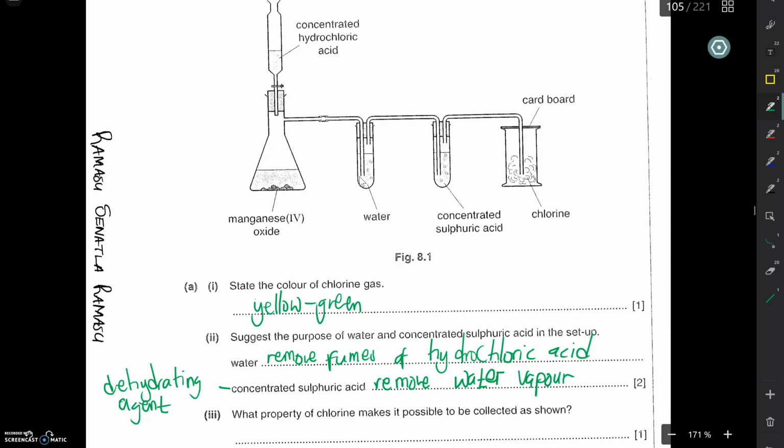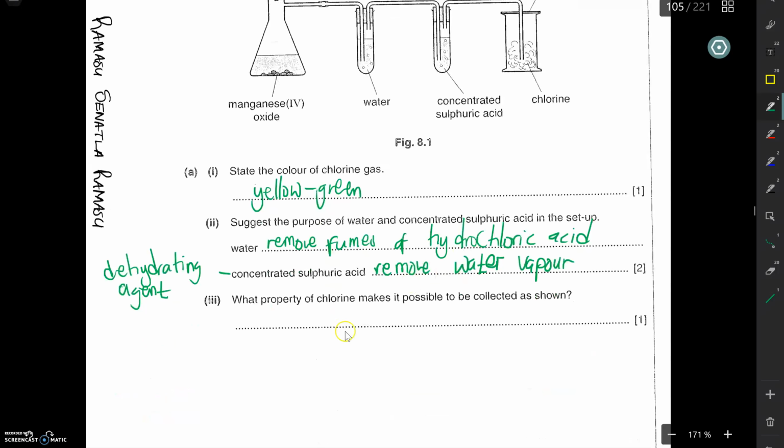Because we have a test tube of water here, the chlorine is being bubbled through water, so some of the chlorine that goes through might still have some water vapor. So you have some concentrated sulfuric acid there to remove the water vapor.